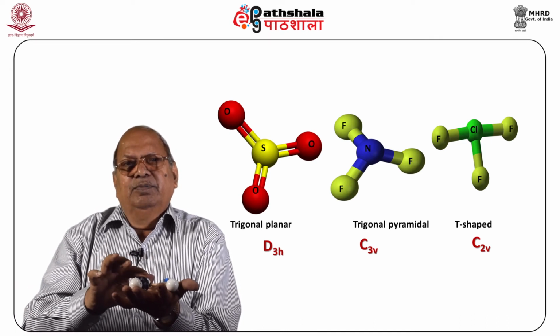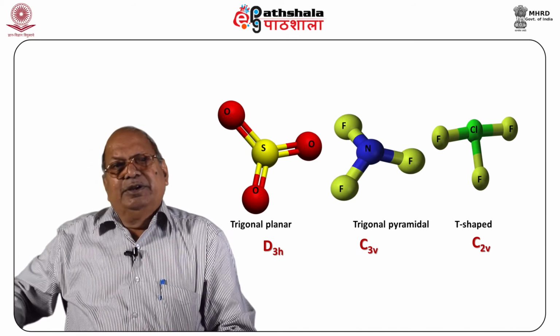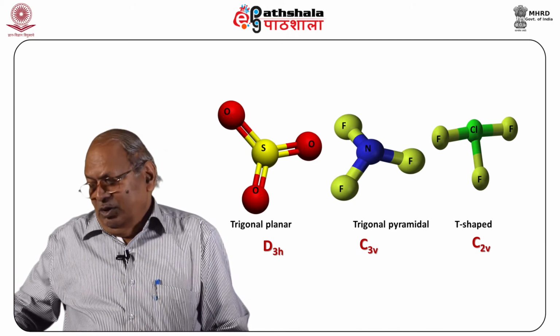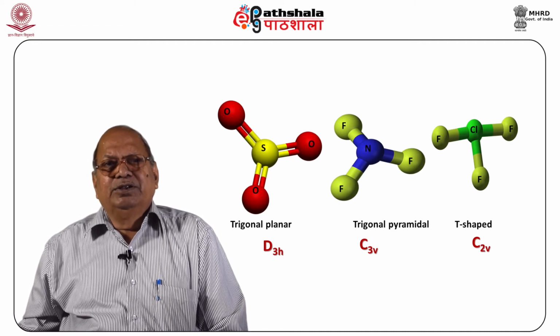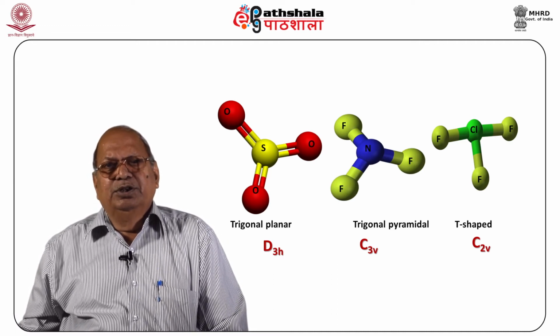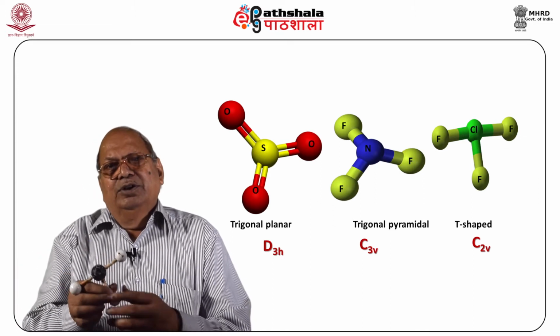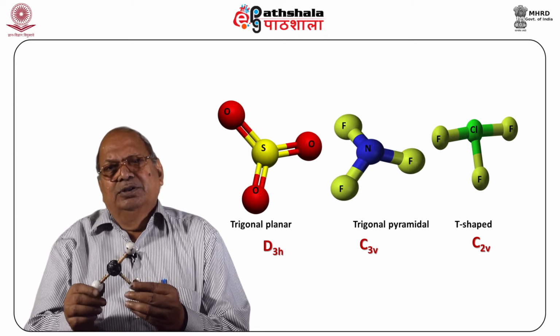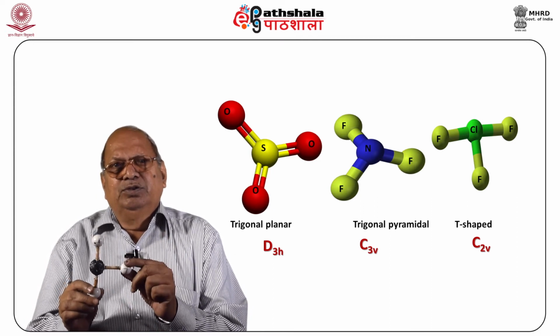B, B and B. So, in these 3 geometries, the pyramidal geometry molecule belongs to the C3v point group. In the planar geometry, the molecule belongs to the D3h point group, and in this T-shaped molecule, the point group is C2v.